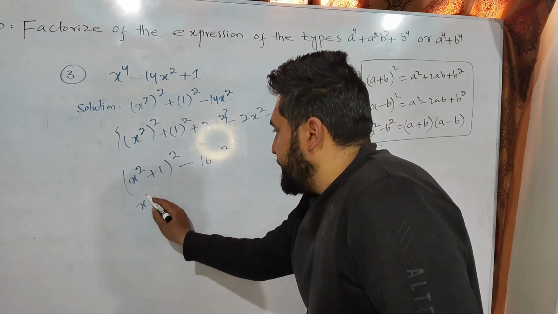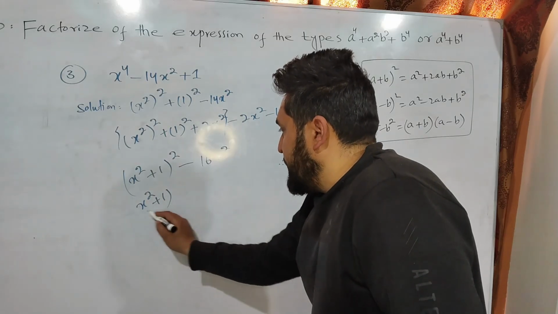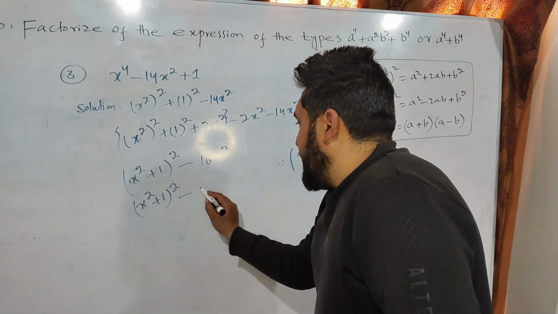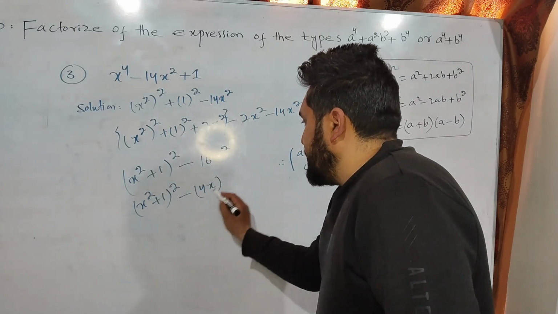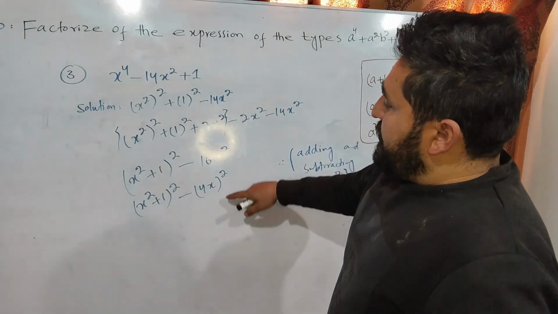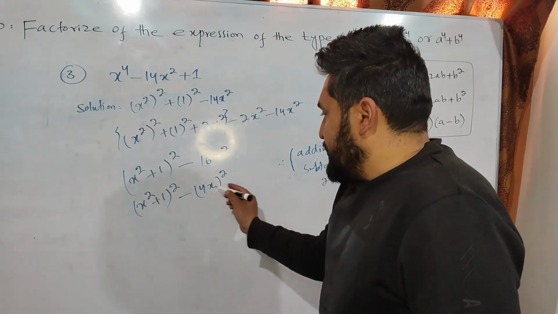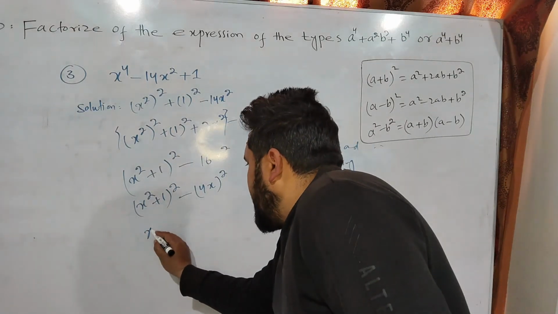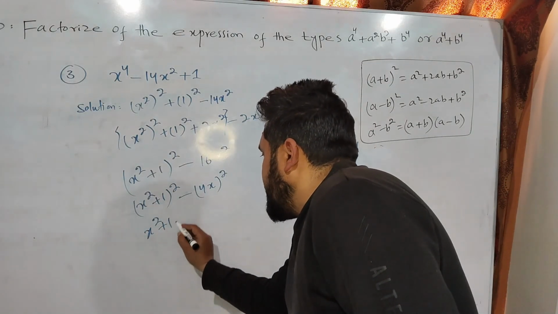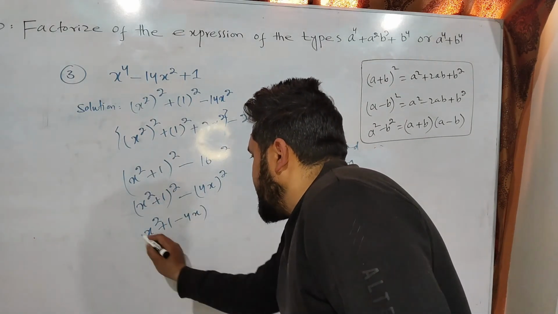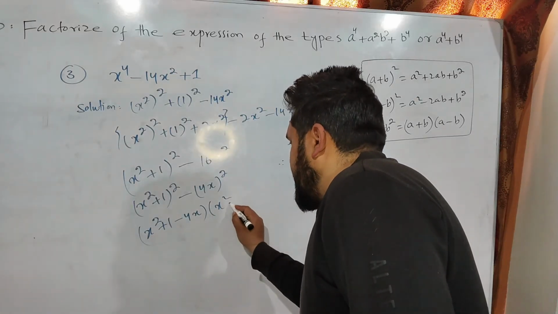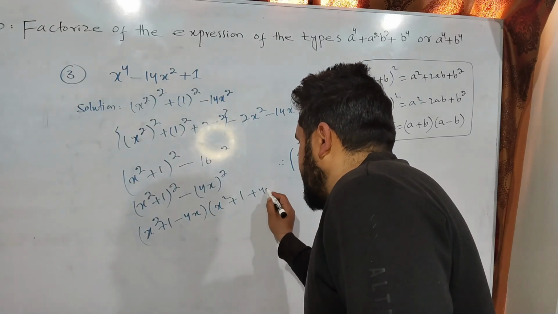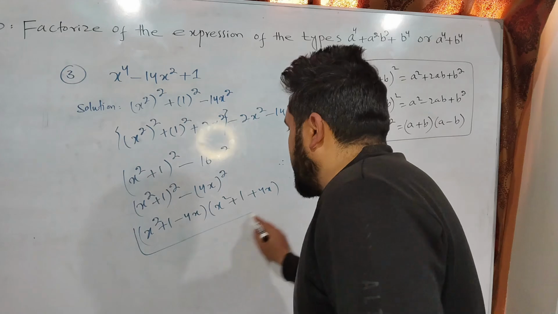Okay, now again whole square minus (4x) whole square. We write this like this one. So we use this identity, that is (x square plus 1 minus 4x) into (x square plus 1 plus 4x). So this is our final result.